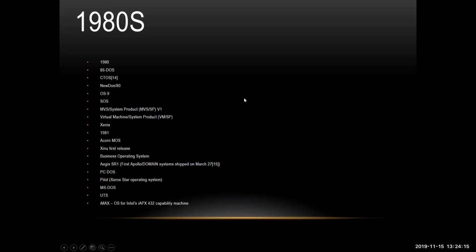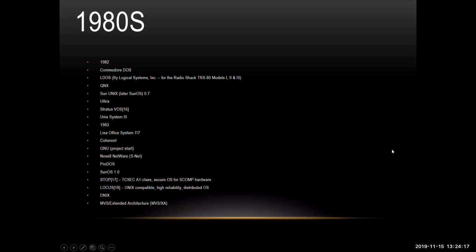And then during 1982, we had Commodore DOS, also known as CBM-DOS. It is the operating system used with Commodore's 8-bit computers. We also had LDOS, by Logical Systems Incorporated, for the Radio Shack TRS-80 models 1, 2, and 3. And then we had QNX.